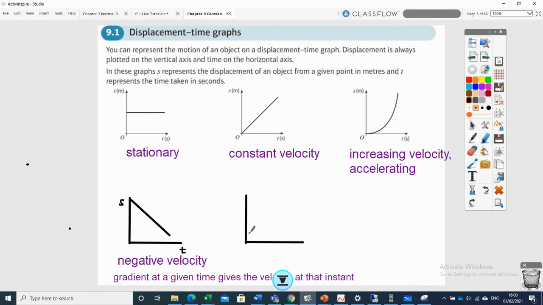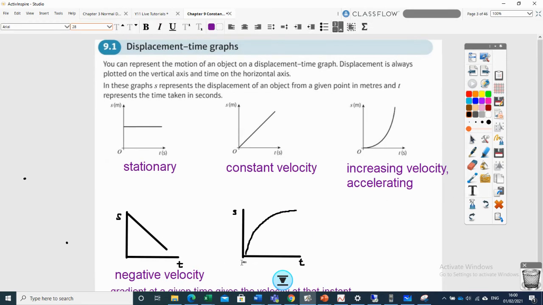Okay, so here's another scenario. In this scenario, I've got a curved graph that's going the other way to the graph up here. So the gradient is steep to start off with, but it's getting more shallow. So the gradient is decreasing.